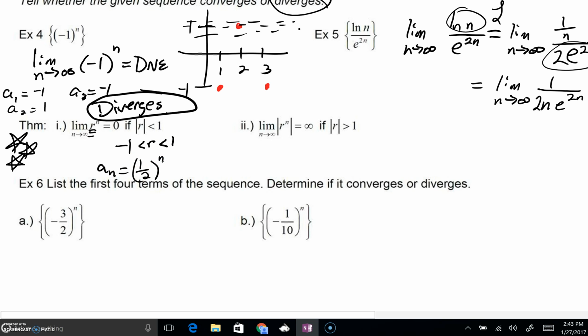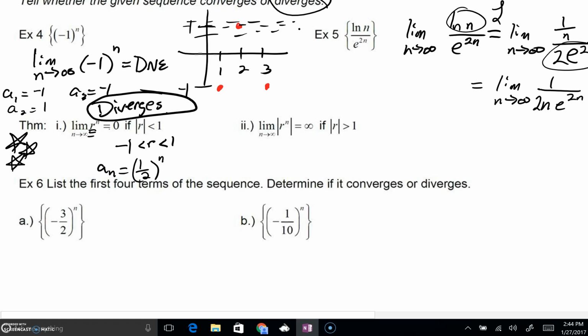If I took 1/2 squared, don't we get 1/4? What about 1/2 to the 5th? That becomes 1 over 32. 1/2 to the 10th. The denominator is getting bigger and bigger and bigger, isn't it? Where's that thing headed? 0. The same thing would happen with negative 1/2.